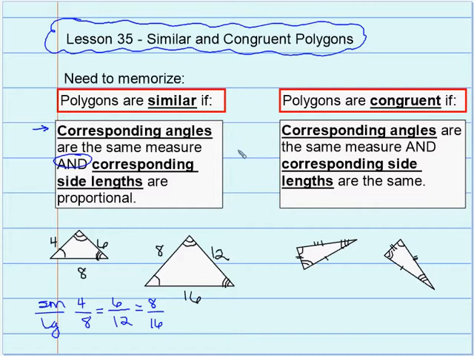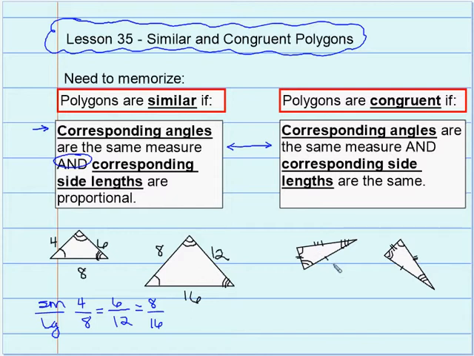They have to be the same measure. It's the side lengths where, if they're going to be congruent, that means they're equal. They're the exact same size and shape. So in order for that to happen, your side lengths that correspond to each other need to be the same length, whereas in similar polygons they just have to be proportional.